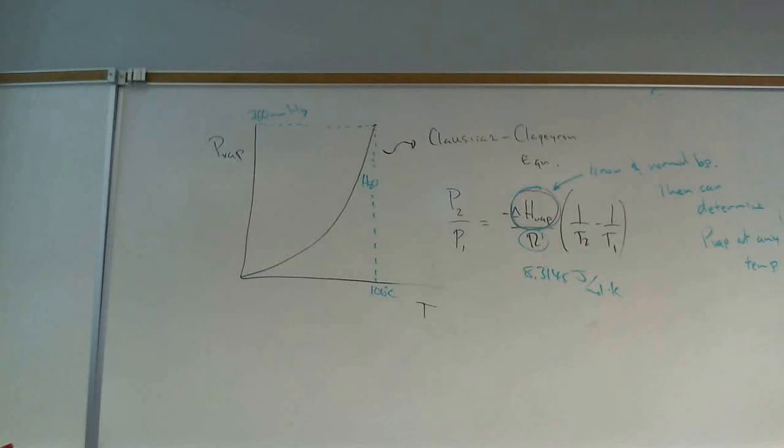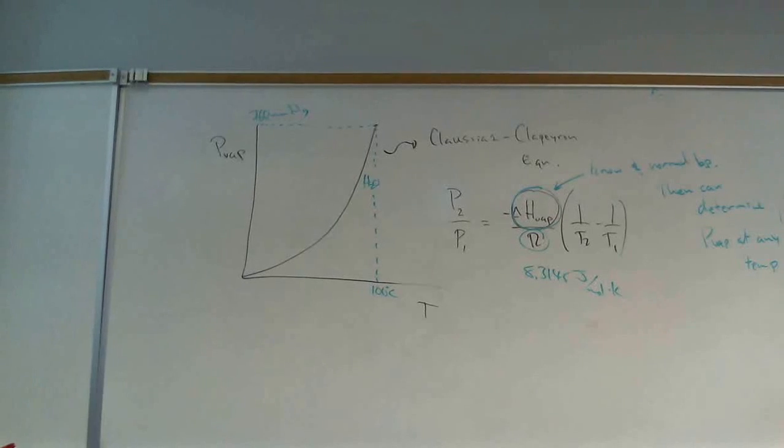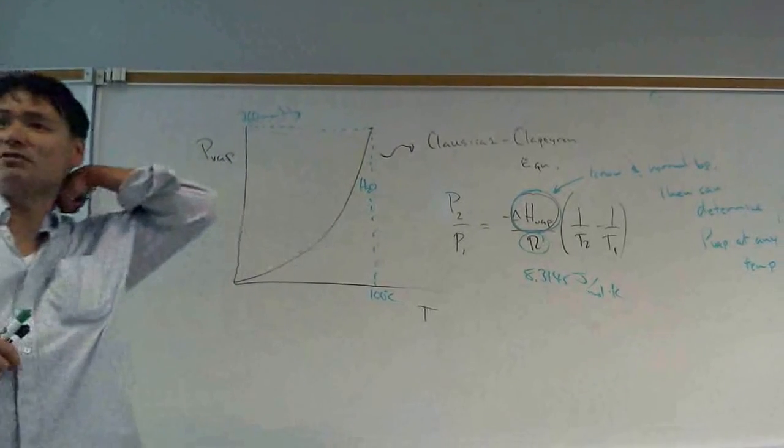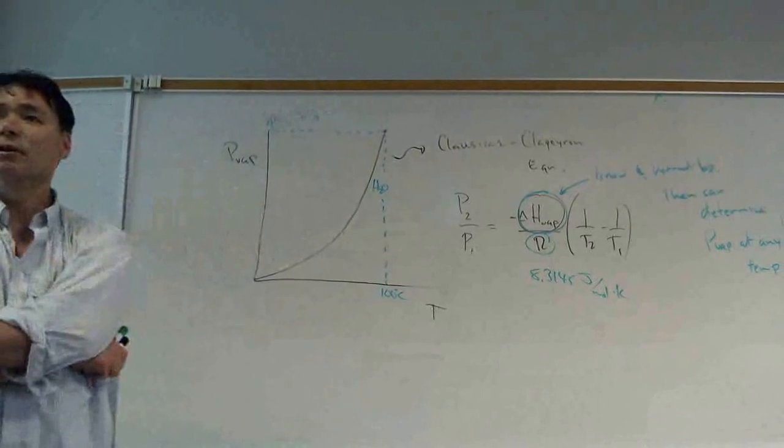And so this might not be so useful. The good thing about this is you can use some more data. And so that's an application. With Clausius-Clapeyron, we know delta H vaporization for water is 44.0 kilojoules per mole. We can determine the boiling point at any pressure we want for water, including higher temperatures. So for example, if you had a pressure cooker that went up to 2 atmospheres, can you determine the boiling point of water?